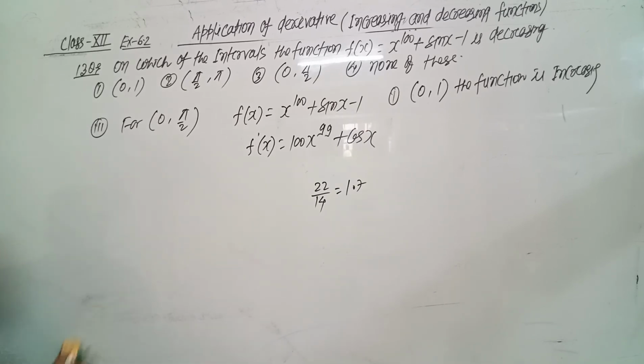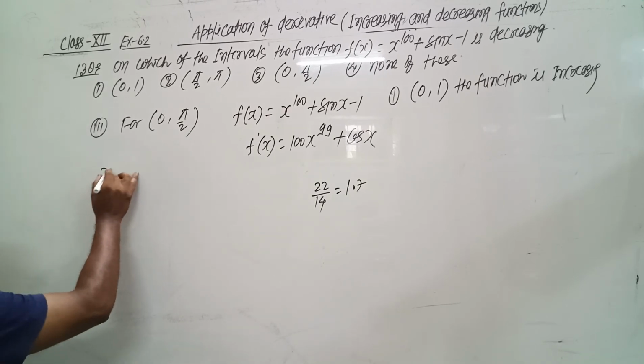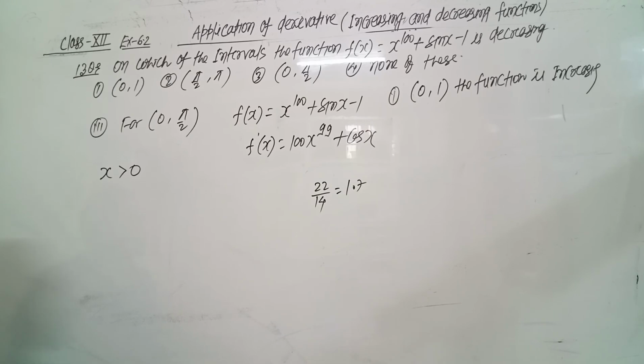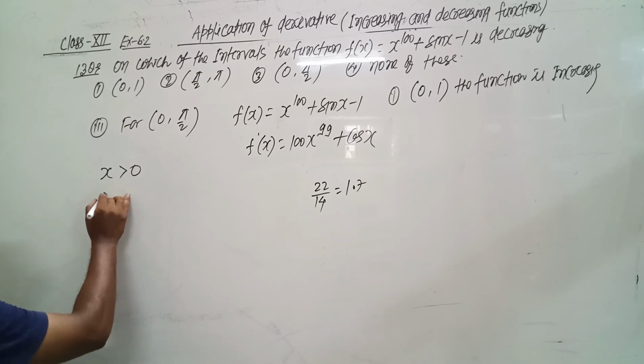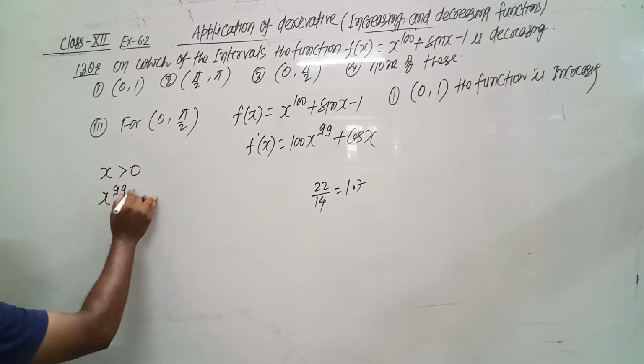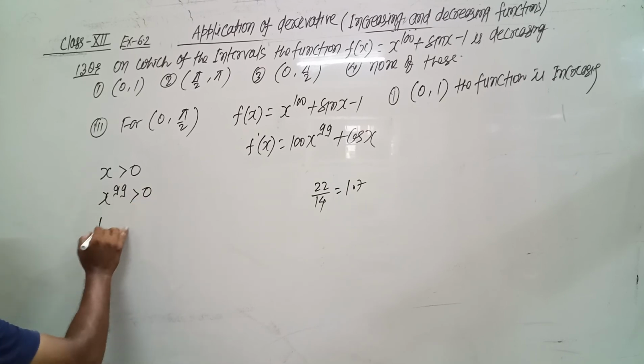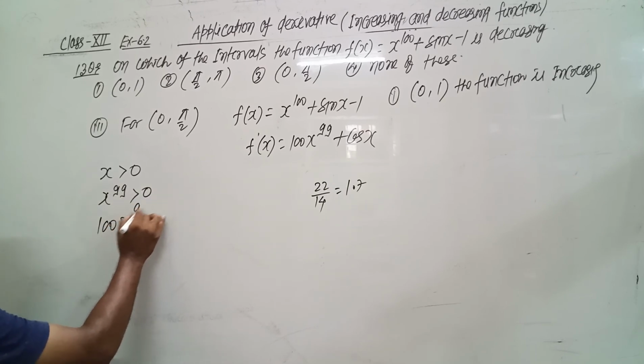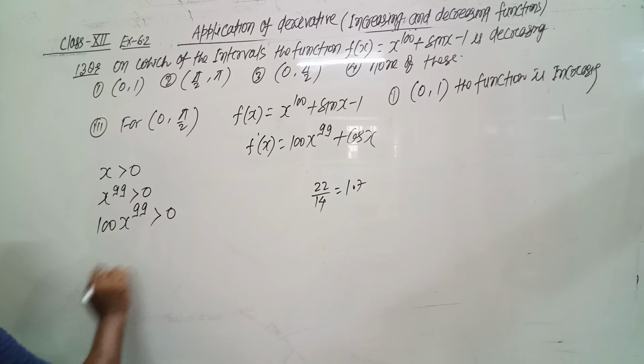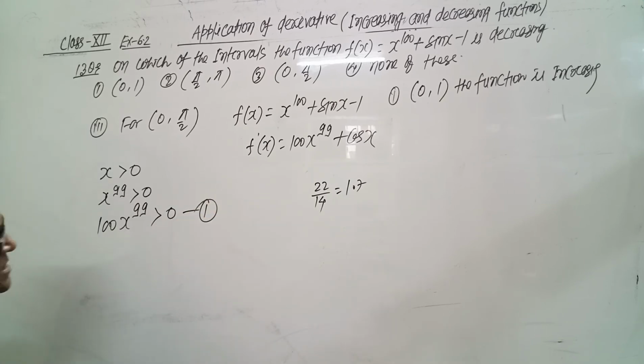It means we can say that x is greater than 0, and x raised to the power 99 is again greater than 0, multiplied by 100. So 100x to the power 99 is greater than 0. This is the first equation.